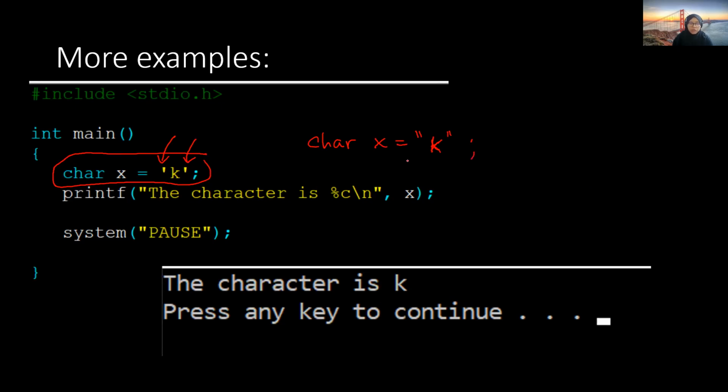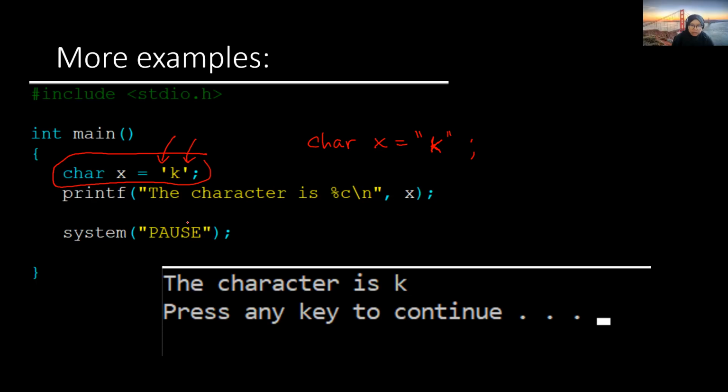What happened if you put it into double quotation? Usually, it's not a fatal error, meaning that you can still evaluate, but it's going to be recognized as a string. You usually put the array next time, because we are not dealing with string yet. We are dealing with a single character.